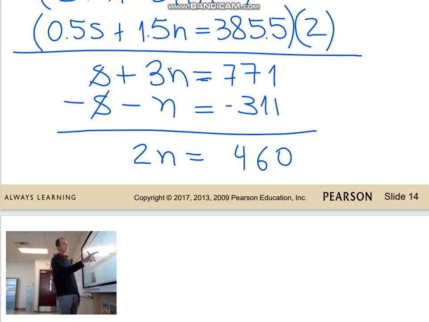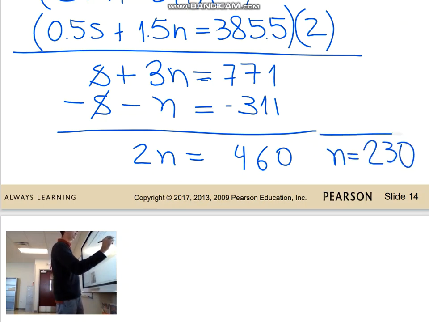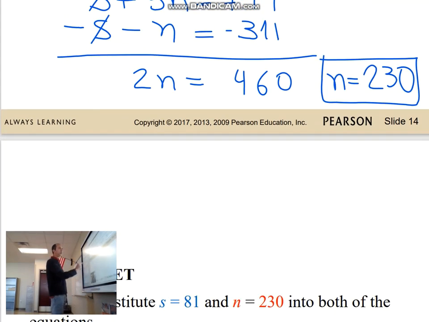That means divide both sides by 2, n equals 230. So the non-student tickets is 230.